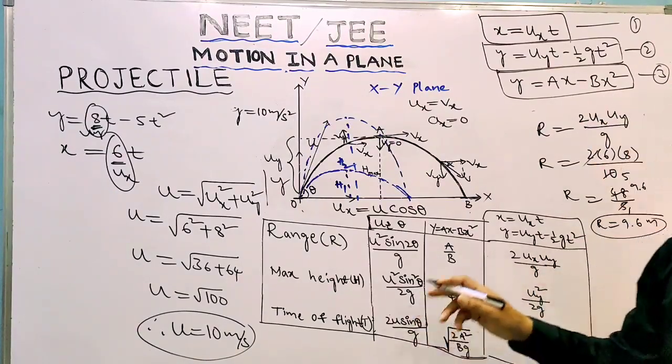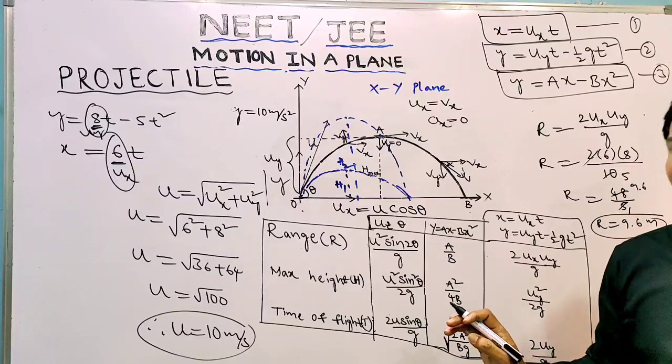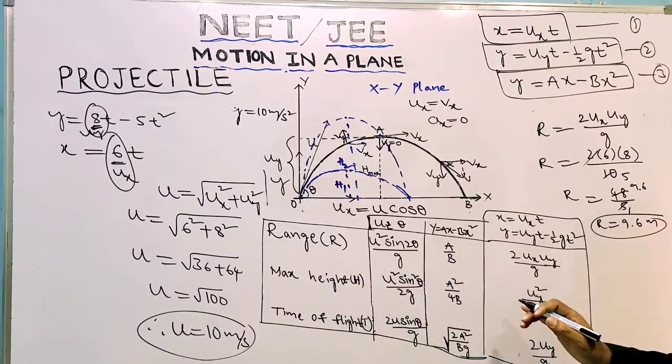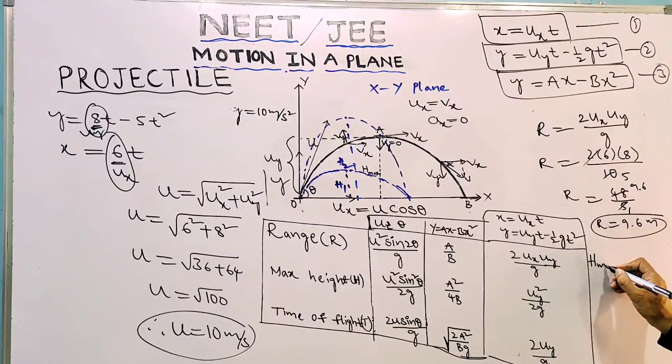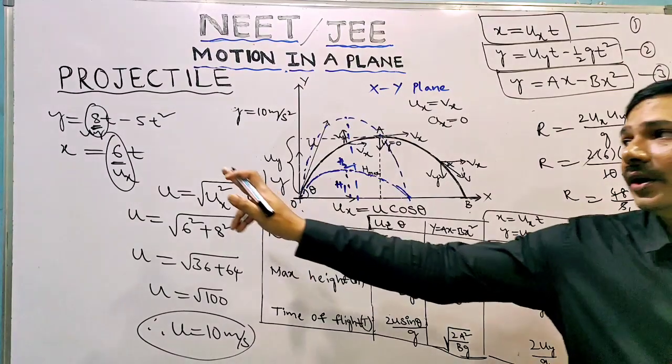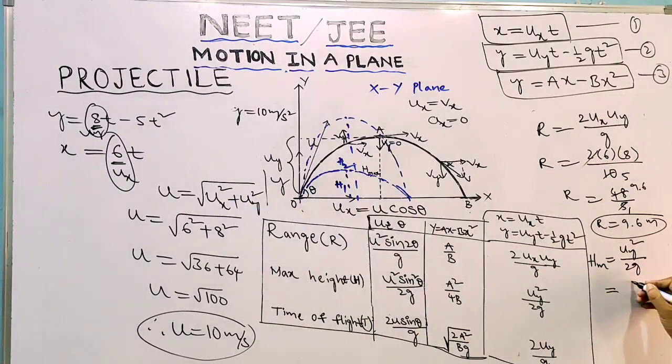Like that only, you can find out the maximum height also. So what is the formula? Uy square by 2g. Maximum height is uy square by 2g. Here uy is what? 8. 8 square by 2 into 10. 8 square is how much? 64 by 2 into 10.